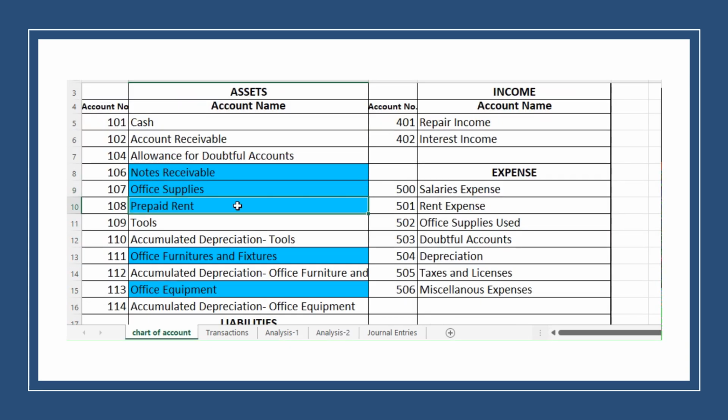So we have prepaid rent. Yes. Prepaid rent is an asset because the company is using the asset method.